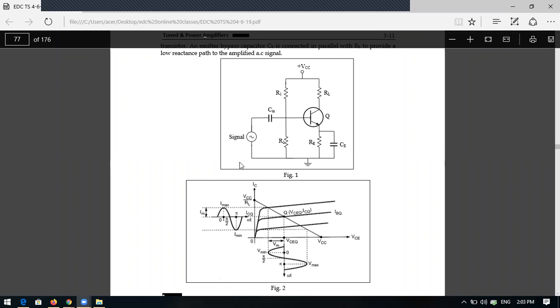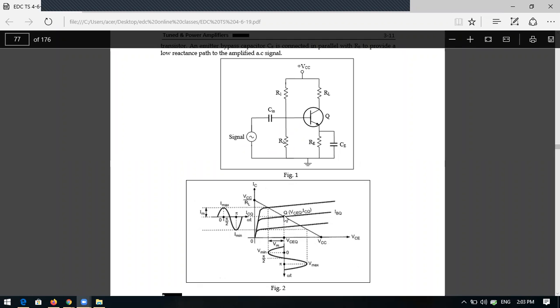So distortion is not present because the conduction angle is 360 degrees, because the Q point or operating point is exactly at the middle of the load line. So it swings the complete cycle at the middle of the load line. That is the reason that in biasing you have to fix the operating point in the active region of the transistor.